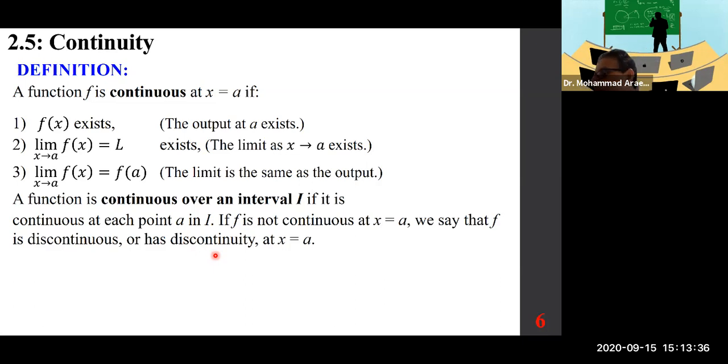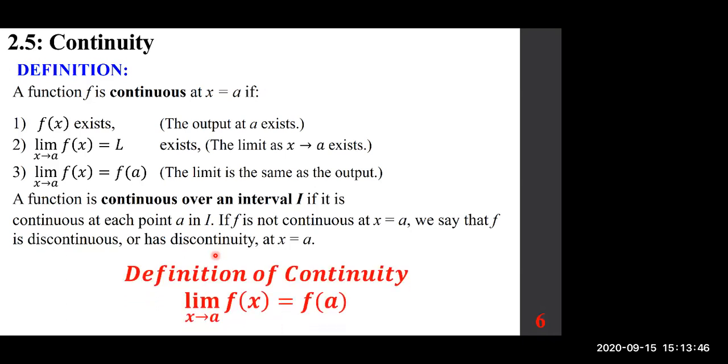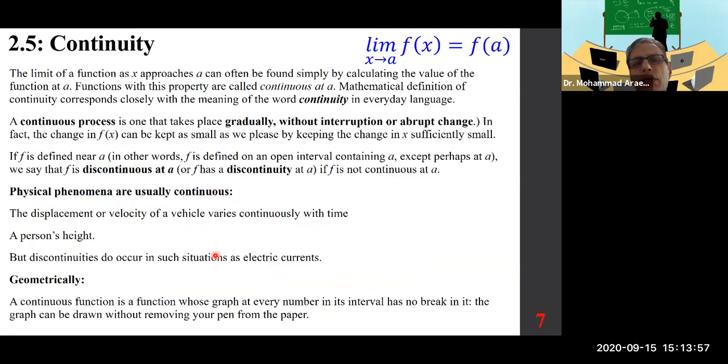I hope everybody is following that. All right. So in short, the limit of f of x as x approaches a equals f of a, that means the function is continuous, okay? And this thing happens in real world, okay?